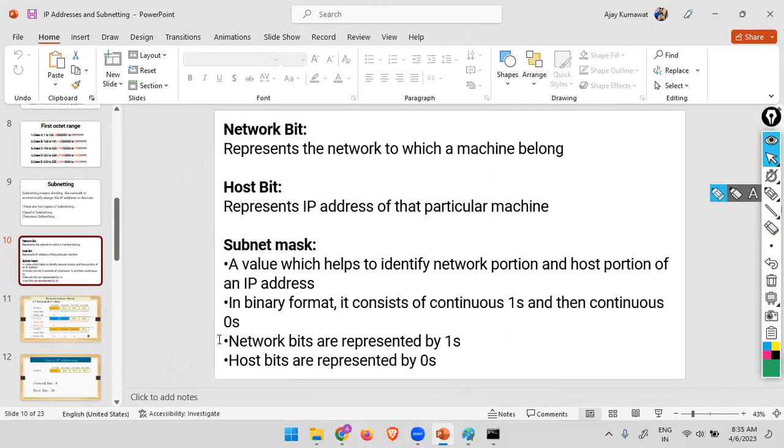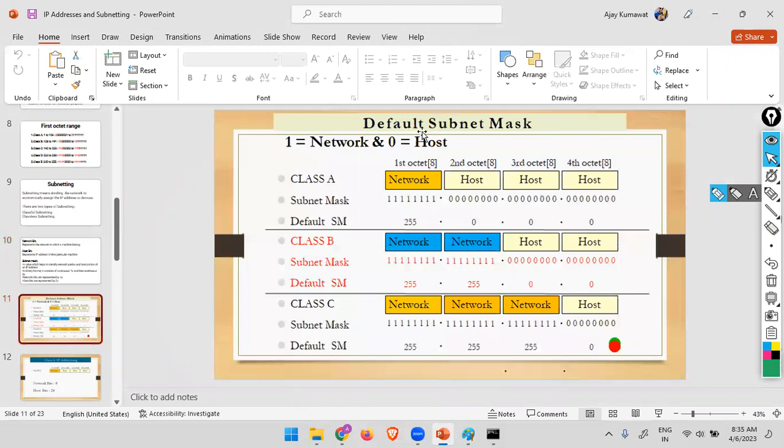This is clear? Then we have seen the default subnet mask. For class A, it is 255.0.0.0, right? If we write this in binary, all ones, all zeros, and all zeros. The ones are the network part and the remaining 3 are host parts. That means 8 network bits and 24 host bits.